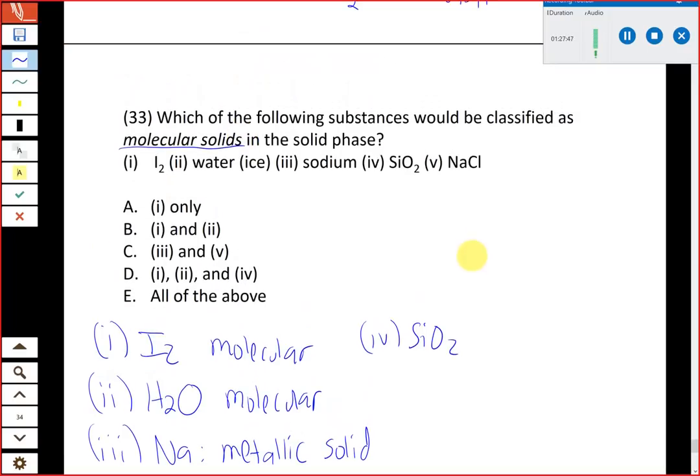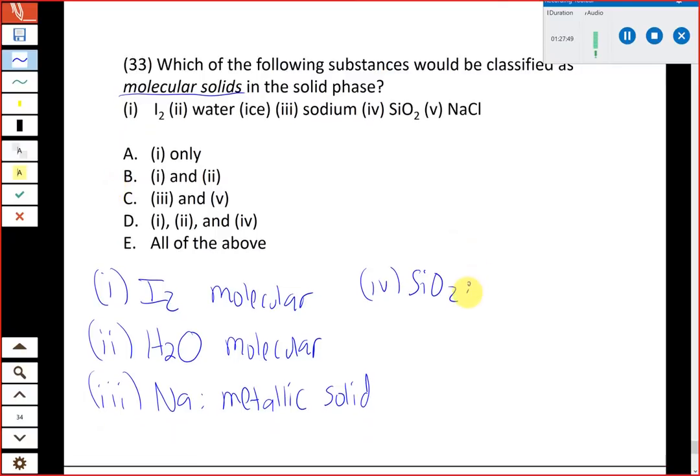But SiO2 is really the only example that we have of a network covalent solid where we have at least one that has two different types of elements in it. So this is a network covalent solid, SiO2, and it's the only type that would involve two different elements, in this case silicon and oxygen.